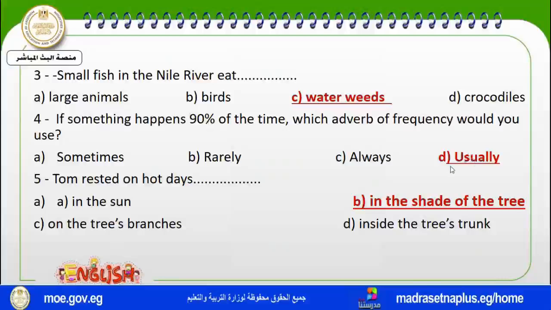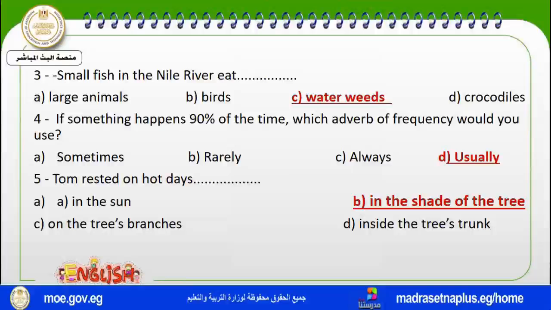Can you give me an example? Yes. I usually go to school on foot. Maybe one day my father takes me in his car. Another example: I usually sit next to Ola in the class. Maybe one day when she is not in the class, I sit next to another one.